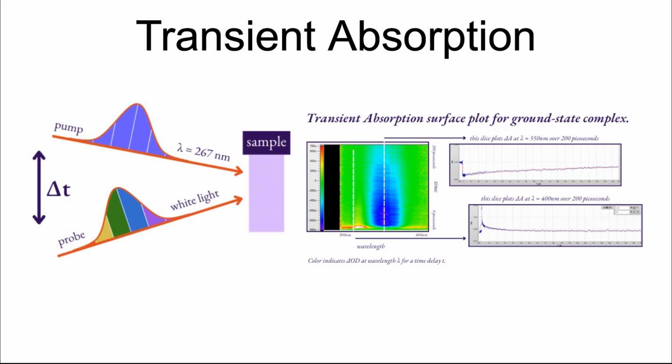We know that this cyclization process happens over around 10 picoseconds, and so I conducted this study in intervals of 0.05 picoseconds in order to capture the real-time dynamics of the cyclization process, which you can see in the colored surface plot here.